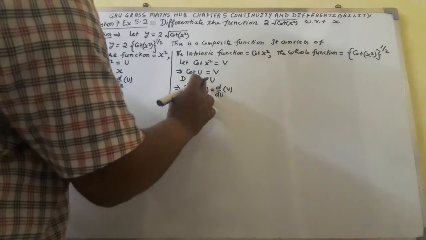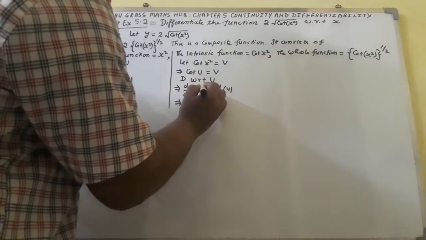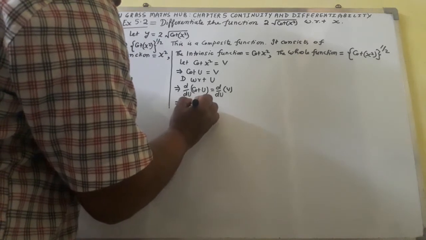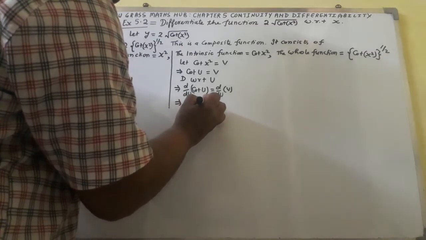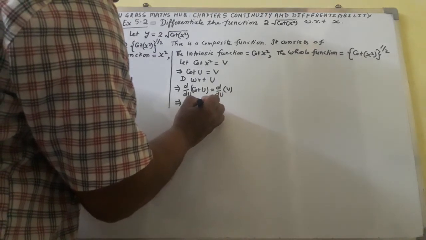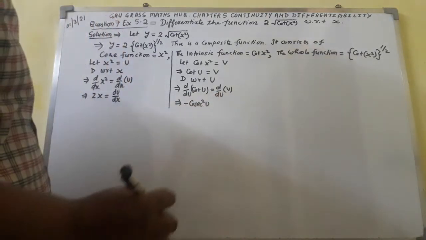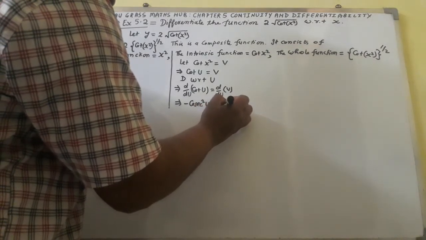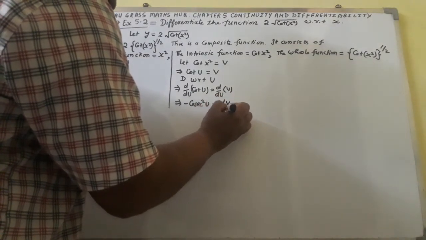You will get here minus cosec square u equal to dv over du.